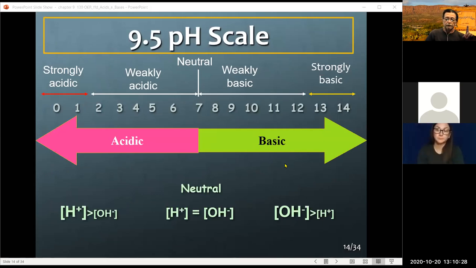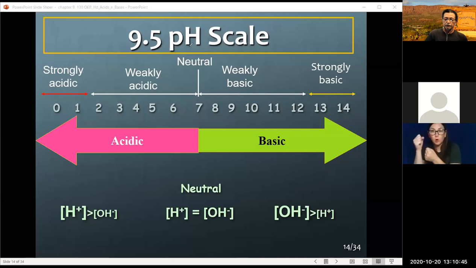If one of the homeworks, I think in chapter 9, you may have been asked a question of whether a pH of 2 is weakly acidic or strongly acidic. Well, normally it's considered to be a strong acid. However, your diagram, if you look at it, has 2 in the weakly acidic domain. Okay, well, that scale should be moved over, but it's not.